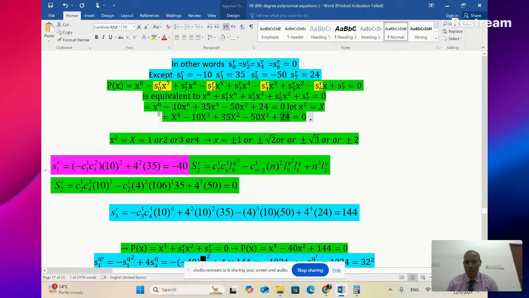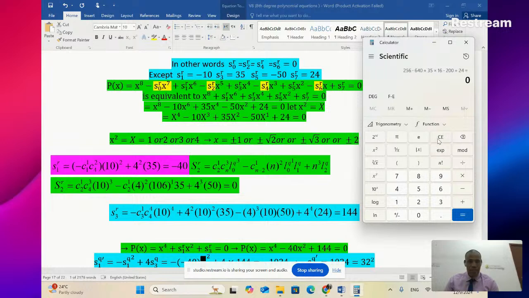I will apply this here. So I will calculate: negative 6 multiplied by 100, which means 600, plus 4 multiplied by 16 by 35, multiplied by 16. This one, learners, is going to be equal to negative 40. Now, if you want to calculate S2, you will get that S2 equals 0. I will calculate it.